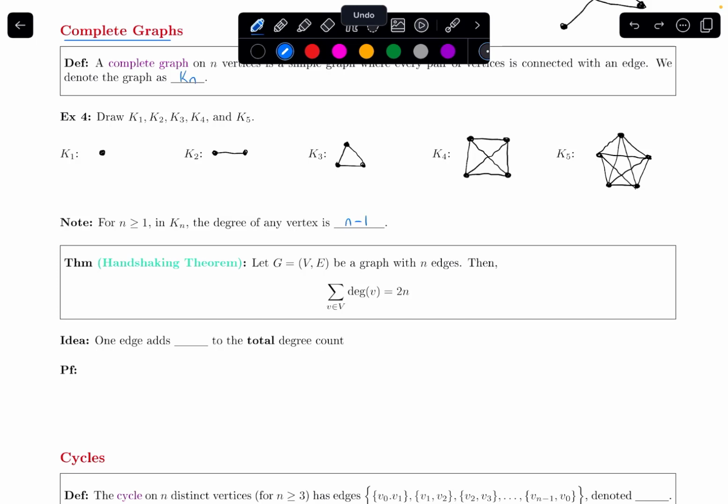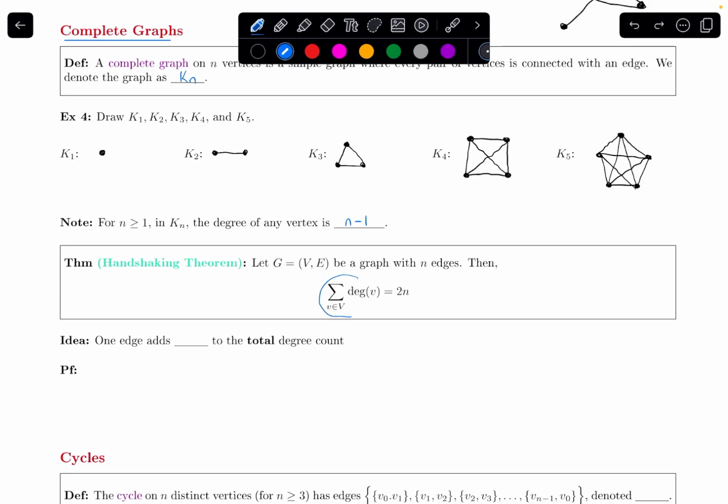So we saw sigma notation back in section 2.4. Remember, that just means we are summing up something, adding things together. So here we are adding up degrees. Lowercase v represents one vertex. Capital V is the set of all vertices.